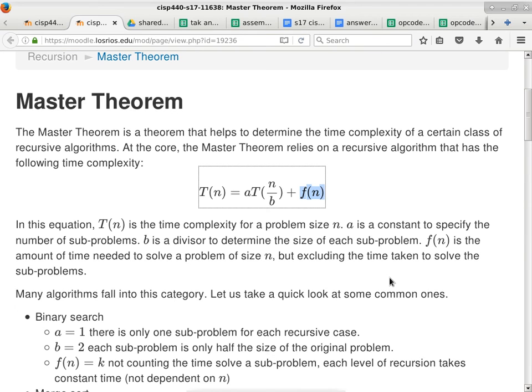That is the cool thing about the master theorem: if you can express the time complexity of a recursive algorithm and break it down to this format with a, b, and f of n, then you can apply the master theorem in order to find out the actual time complexity of the algorithm in big O notation. So that is really cool.